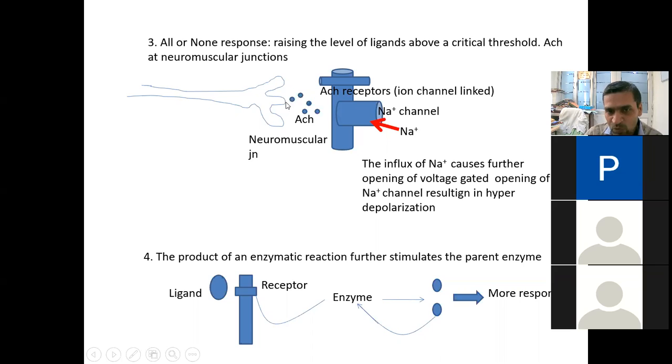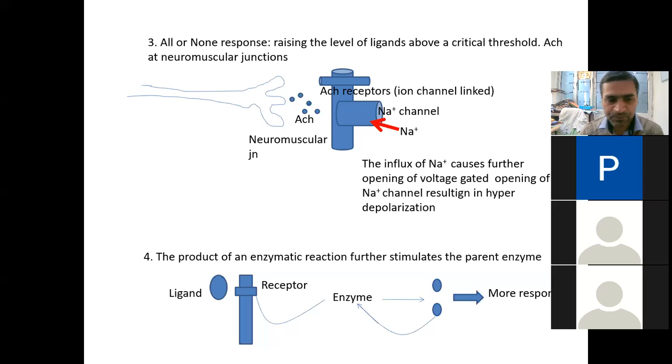Although the input concentration, acetylcholine concentration, is the same, 1 unit, against a certain unit of acetylcholine there are more sodium ion channels open, both those which are stimulated by acetylcholine receptors, which are ion linked, as well as voltage dependent ion channels, they also open up. So automatically the response is elevated. And this way, if you try to plot the relationship between acetylcholine concentration and the amount of response observed, you will find that it is also a non-linear relationship.